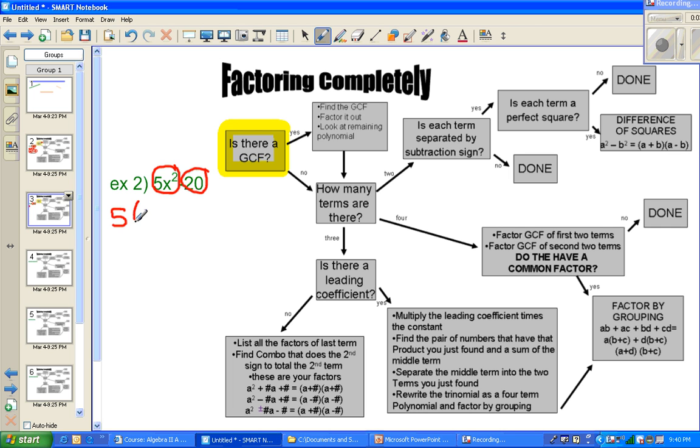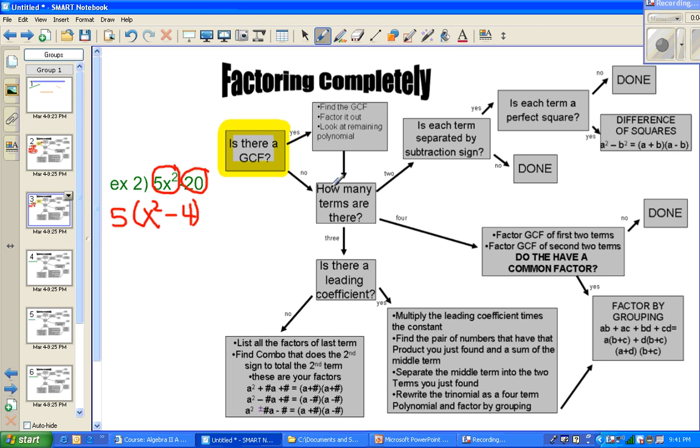If you factor that 5 out, you're going to be left with x squared, and that's because 5 times x squared is 5x squared. We're going to bring down that minus sign, and then we have to fill in this gap here. So 5 times what gives us 20? And the answer to that is 4. So along the lines of asking yourself if there's a GCF or not, you say yes, you figure out what it is, and you see what's left.